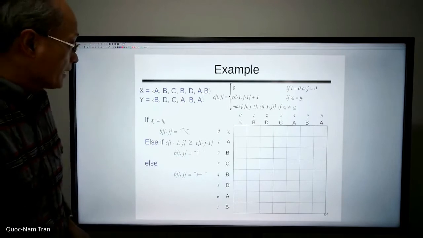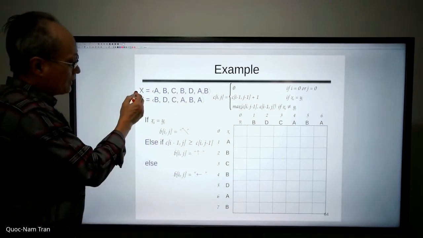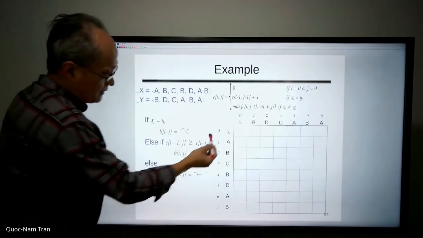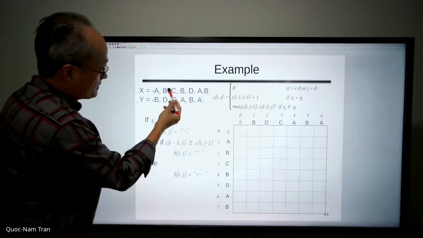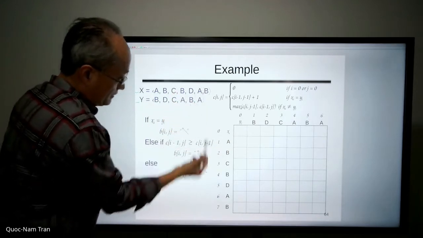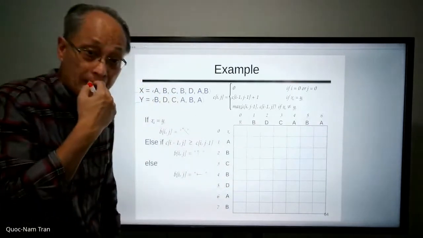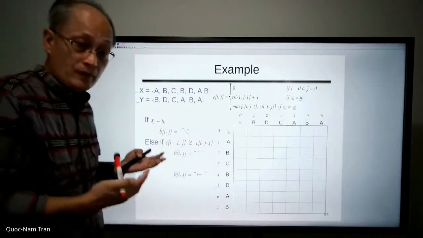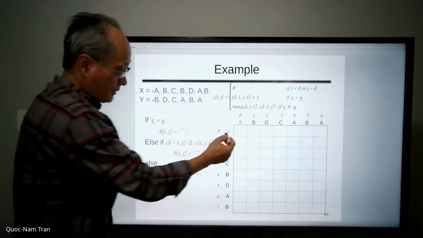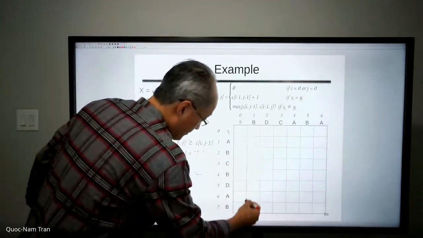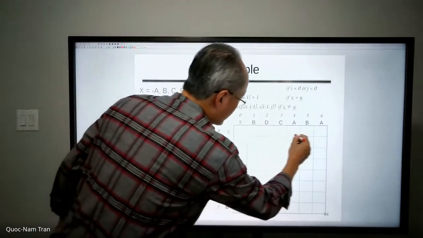So we have two sequences, X and Y. Here is X: A, B, C, D, C, B, D, A, B, right? And here's Y. So we try to build up the table for Cij.